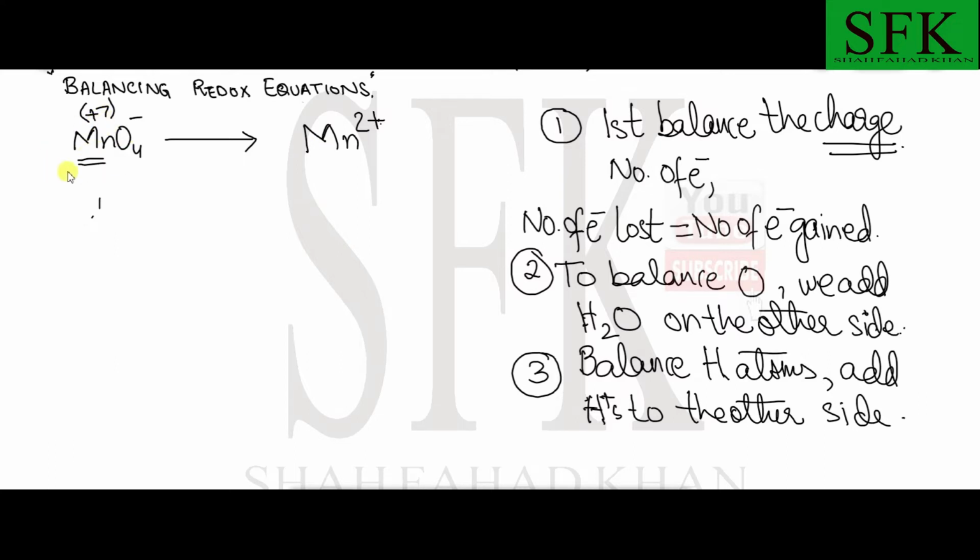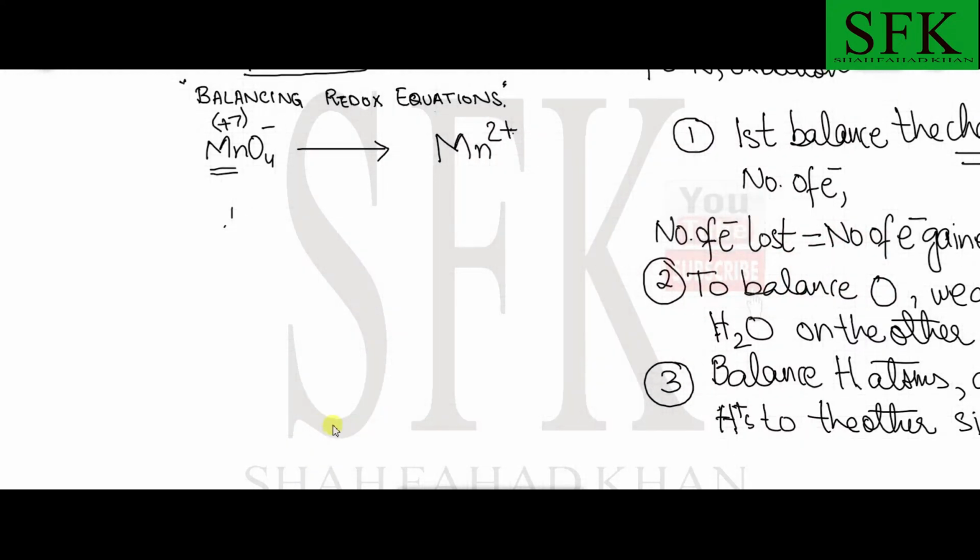Each of the manganese atoms over here is gaining 5 electrons because the difference between +7 and +2 is 5. So on the reactant side, in order to balance the charge, we add 5 electrons. So manganate ion gains 5 electrons to form manganese.